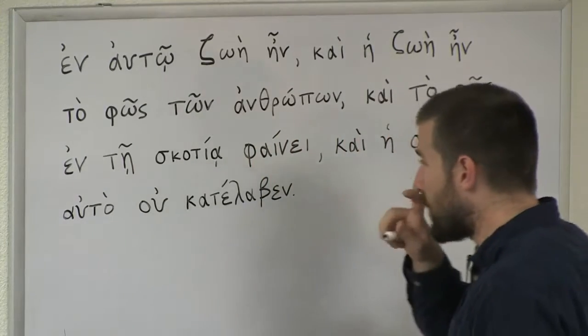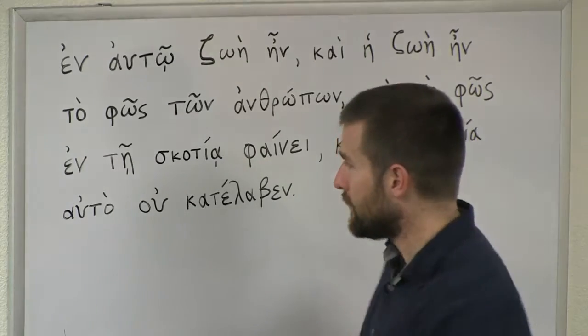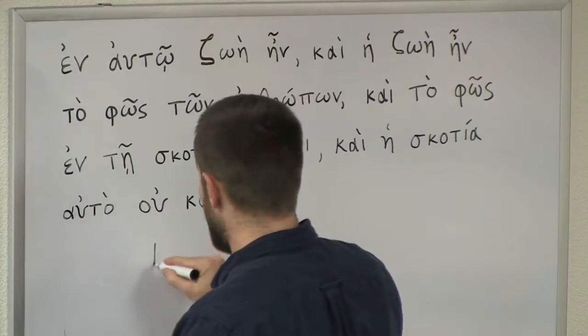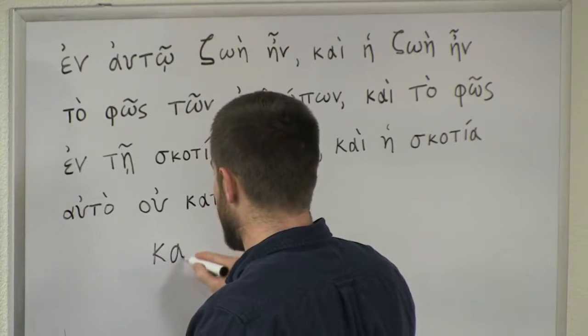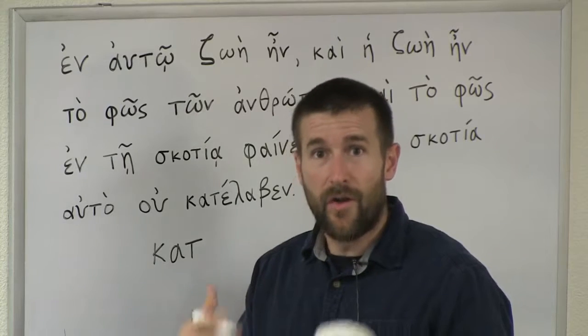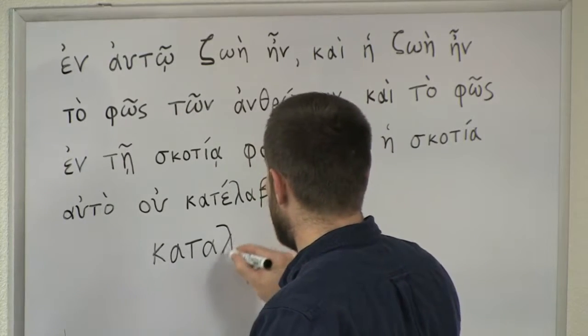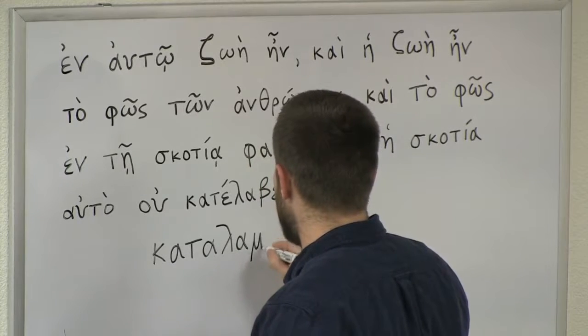Now let's talk about the word katelaven, this past tense word, for a moment. It comes from the root word that you would find in the dictionary in its first person, singular, present, indicative form, and that would be katalamvano.